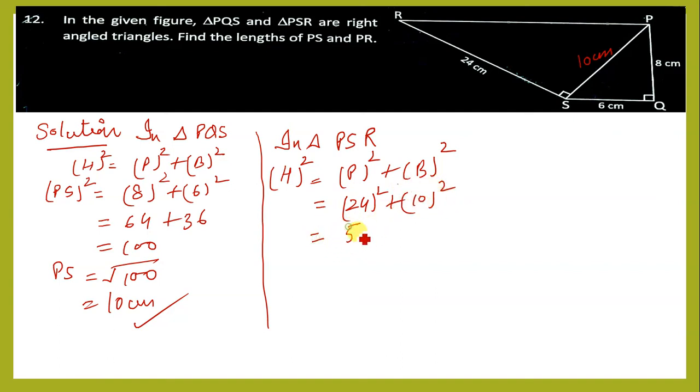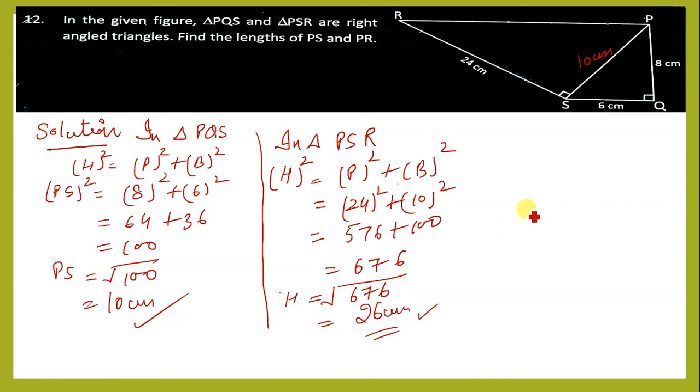Now this is 576 plus 100, 676. So hypotenuse is under root of this 676, and it will come 26 centimeter. So the length of PS we got 10 centimeter, and the hypotenuse was PR, and PR equals 26 centimeter.